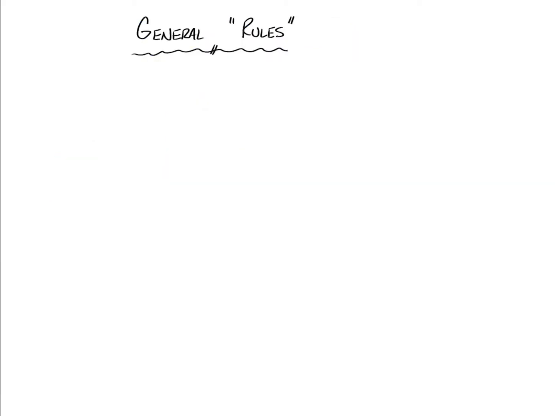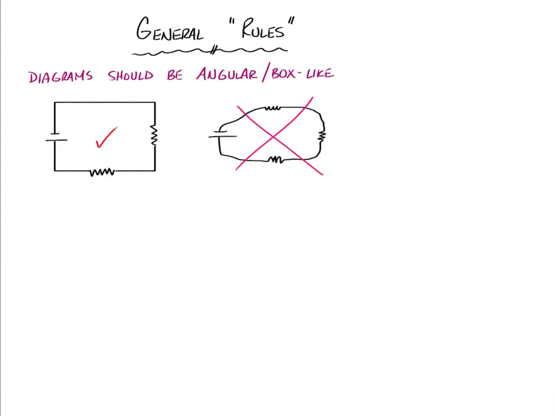All right, so the general rules that we want to get in the habit of following when we draw these circuit diagrams is the diagrams themselves should be angular or box-like. So if you take a look on the left, you notice it's angular. It's basically a rectangle with these elements added. Whereas on the right, you get the idea, but that's just drawn by freehand.